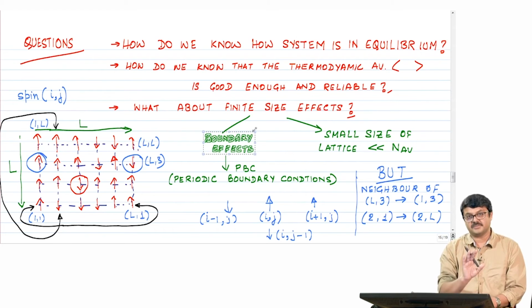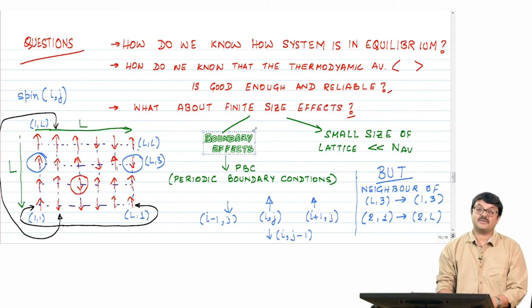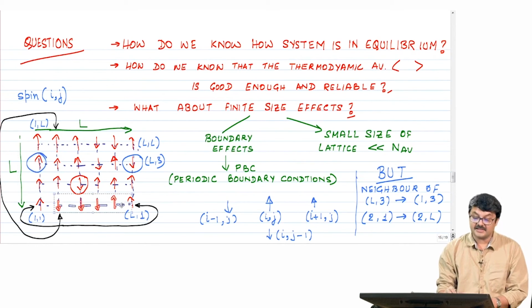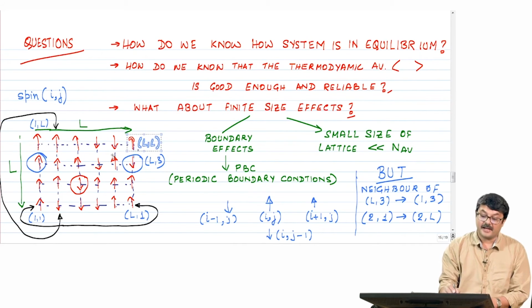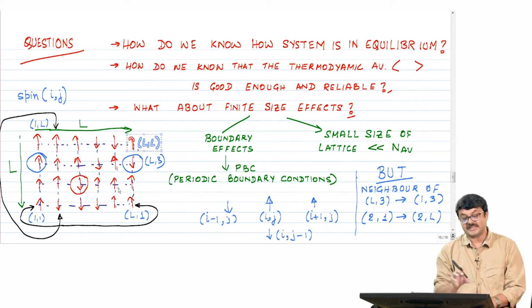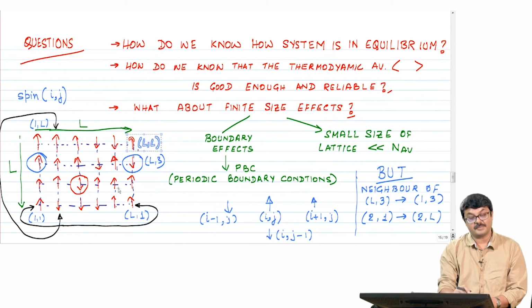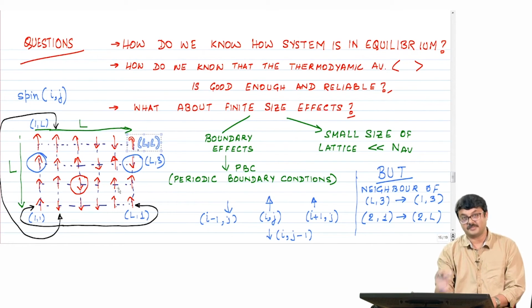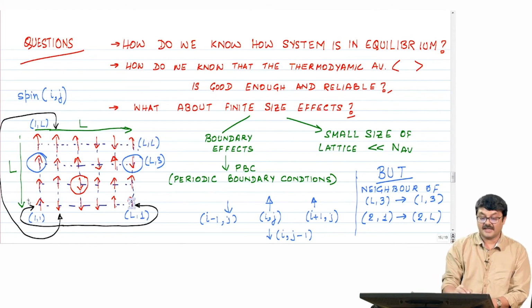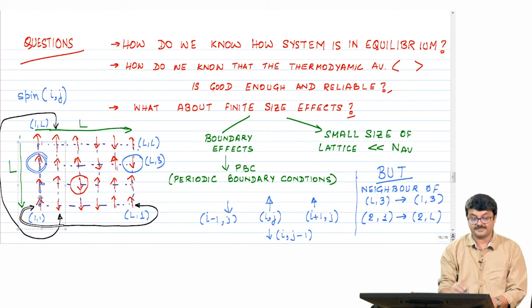Assuming a square or a cubic lattice, what I am saying is that if you are doing a 100 cross 100 lattice or a 20 cross 20 lattice, you have a relatively large number of spins sitting at the boundaries, comparable to the number of spins in the bulk, which are surrounded by 4 neighboring spins.